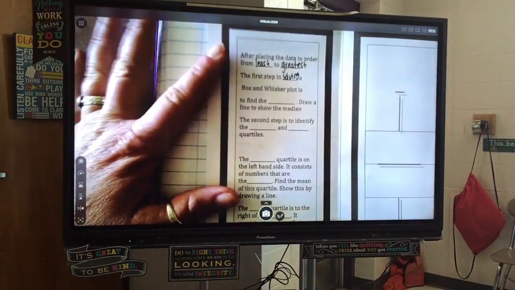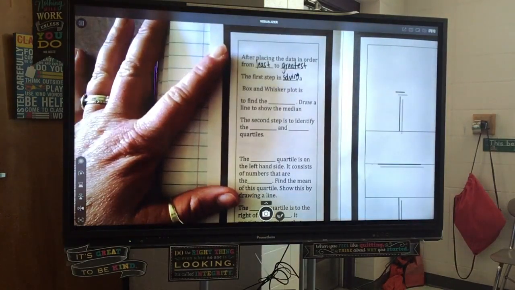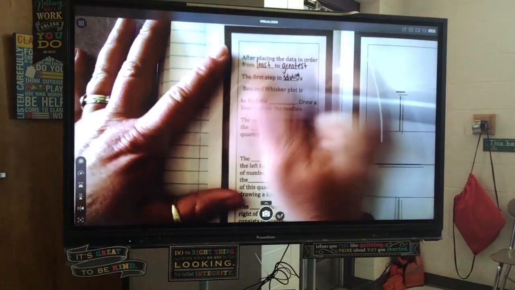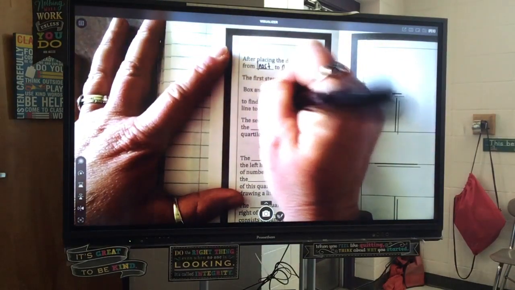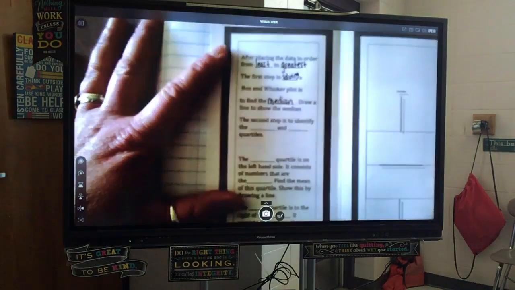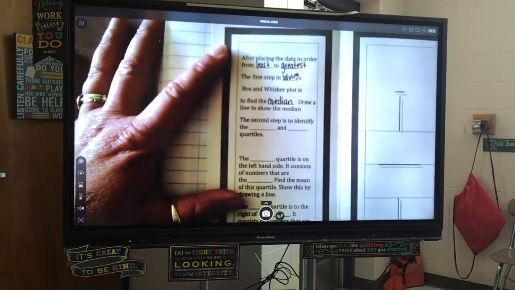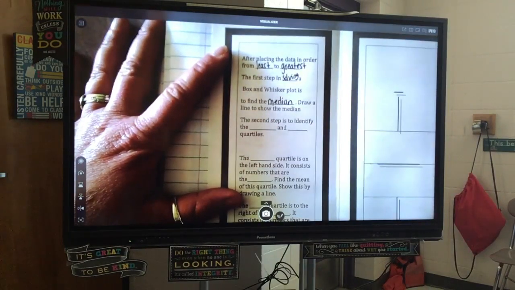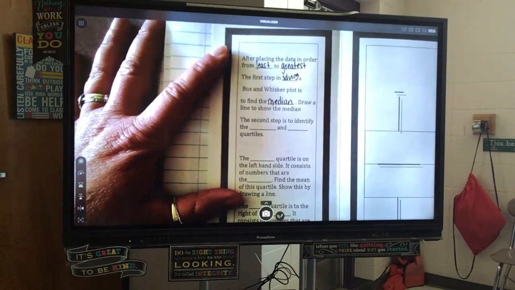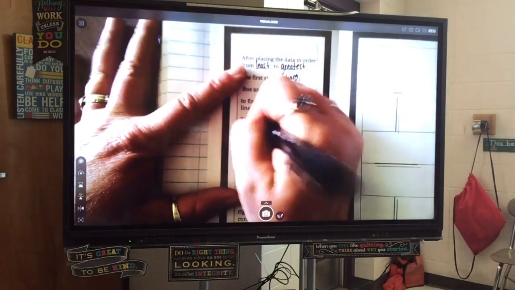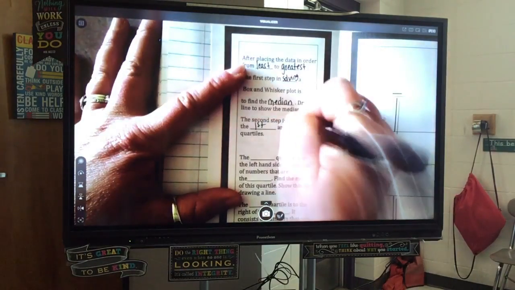The first step in solving a box and whisker plot is to find the median. You're going to draw a line to show the median, and again, you'll see how this all applies once we actually construct one. The second step is to identify the first and third quartiles.